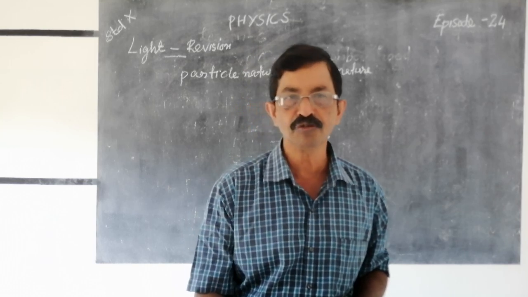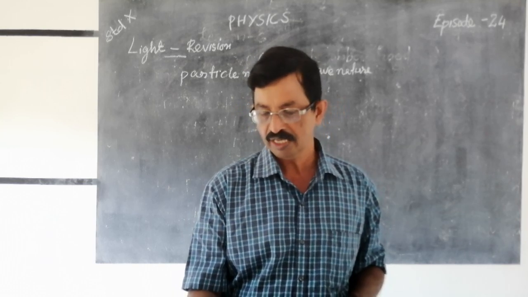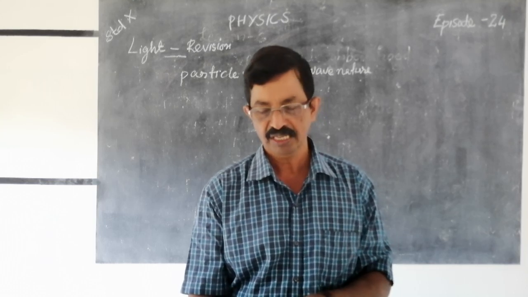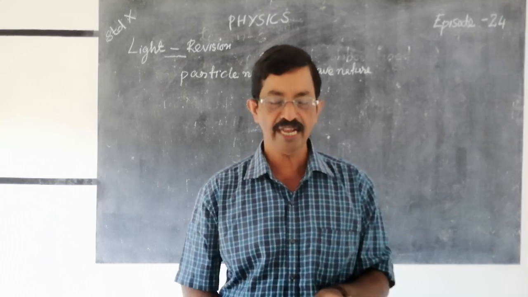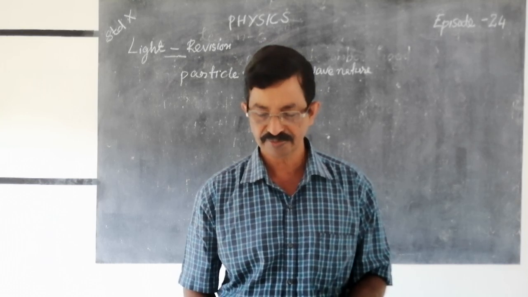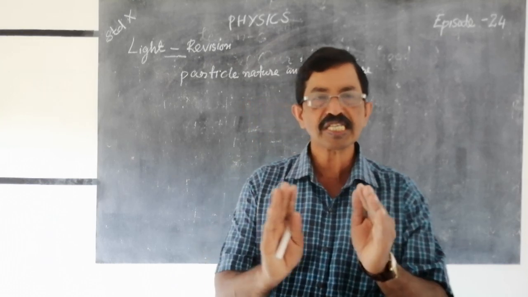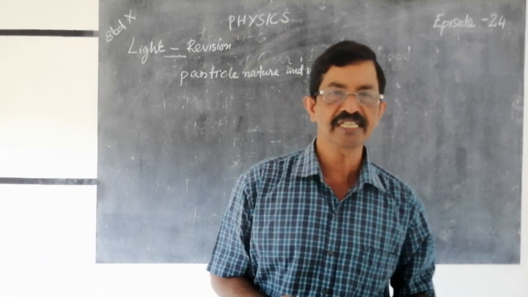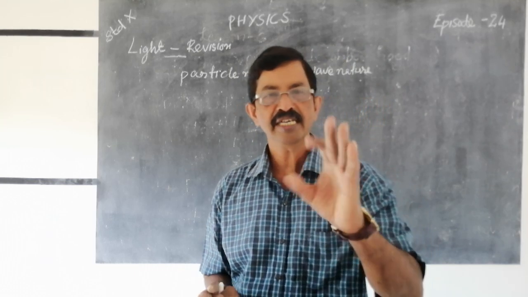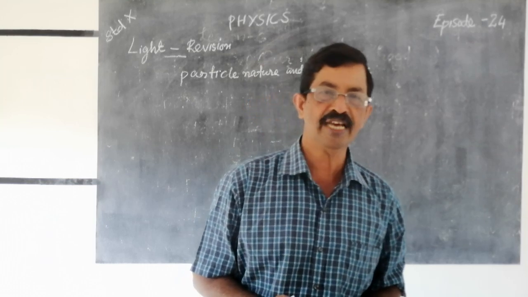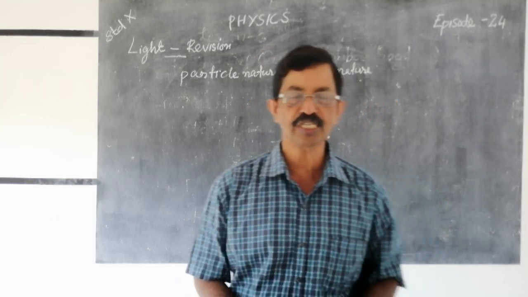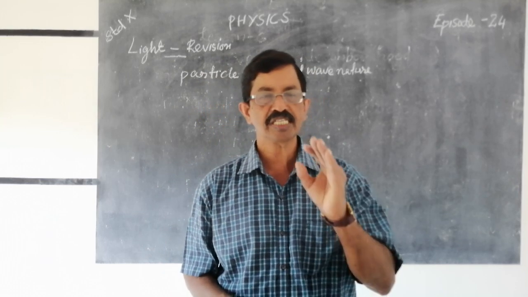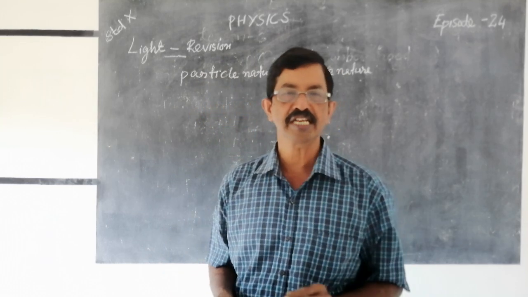Now another question to you: can you remember, to explain the phenomena of reflection and refraction, which nature of light we consider? When we discuss reflection of light and refraction of light, which we want to discuss in this unit, we consider that light travels along a straight path.